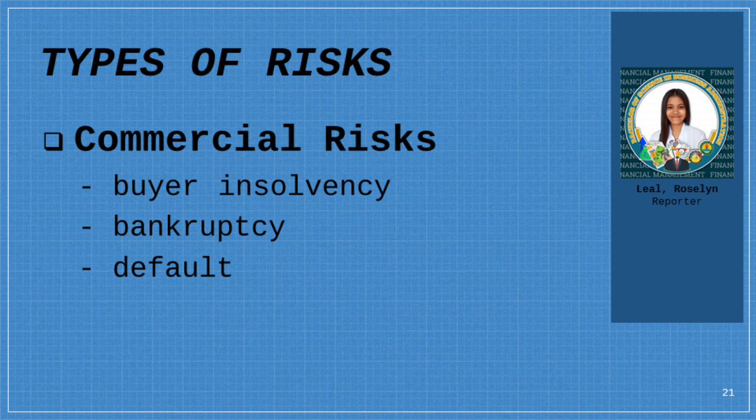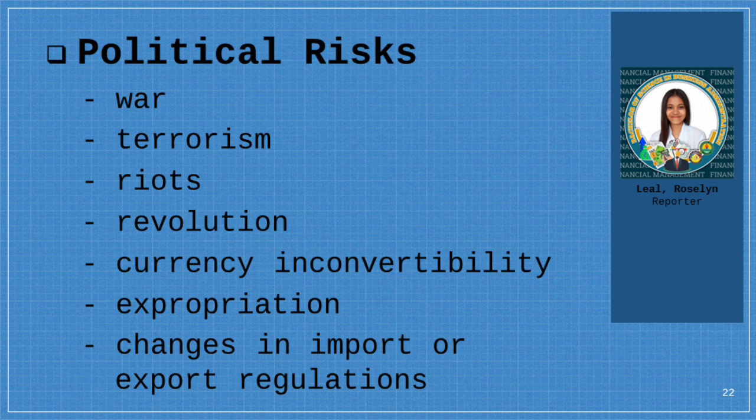The insurance usually covers commercial risks such as buyer insolvency, bankruptcy, or default. It usually covers some political risks as well, including war, terrorism, riots, revolution, currency inconvertibility, expropriation, and changes in import or export regulations.